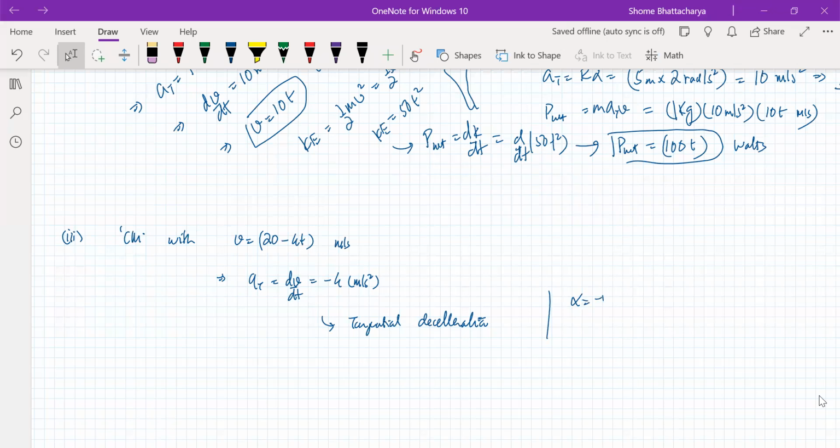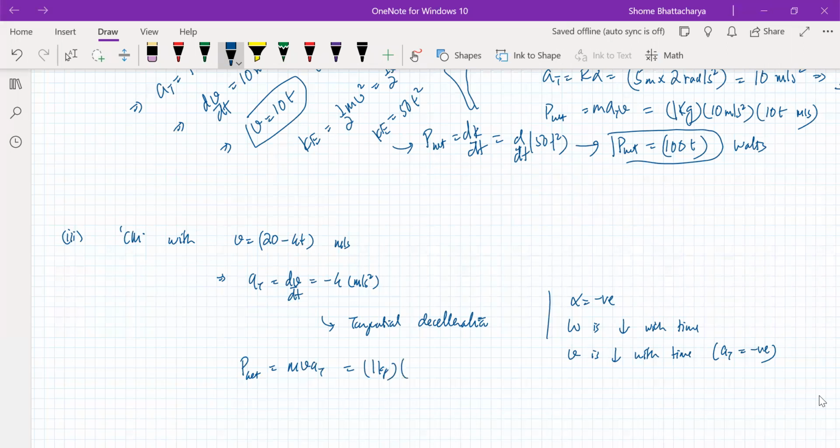Basically it means that alpha is negative. So omega is decreasing with time, just as speed is decreasing with time. So tangential acceleration is negative, like that. Anyhow, our instantaneous net power, again write as this: 1 kg multiplied by 20 minus 4t meters per second, multiplied by minus 4 meters per second square.